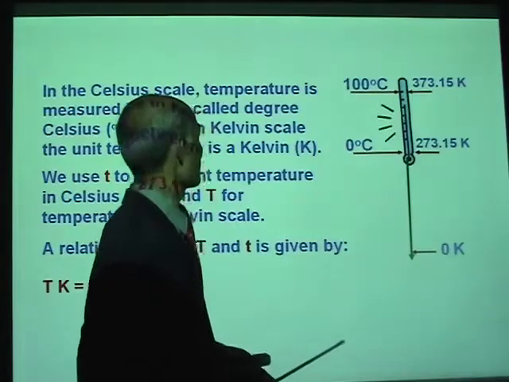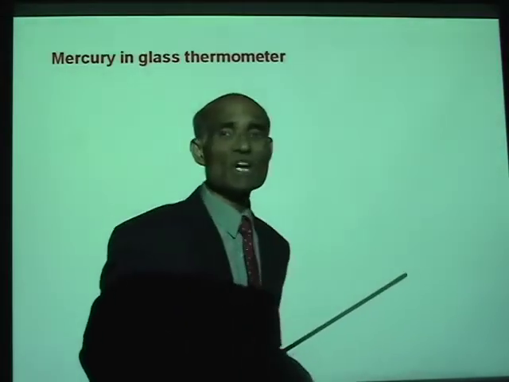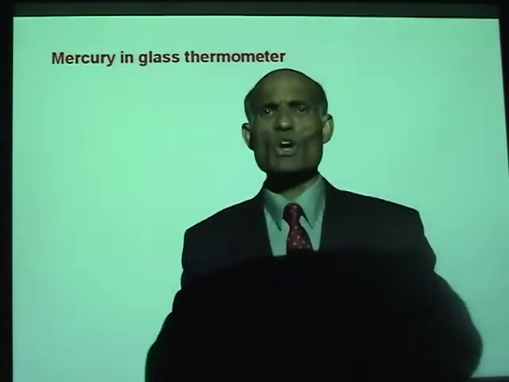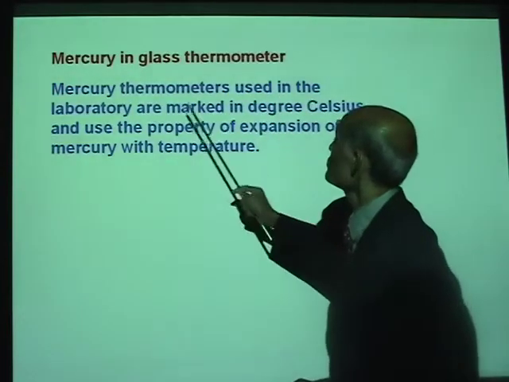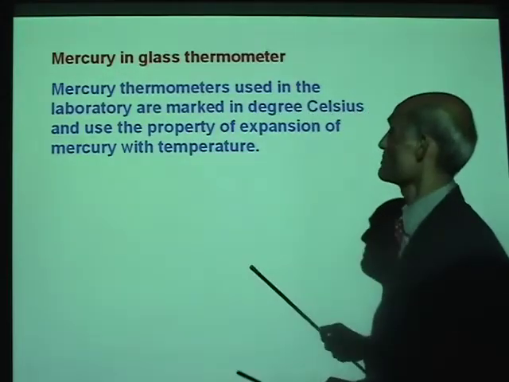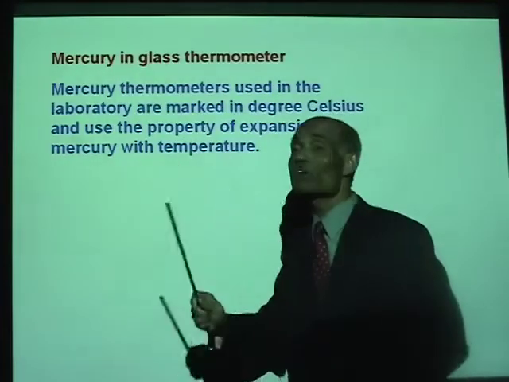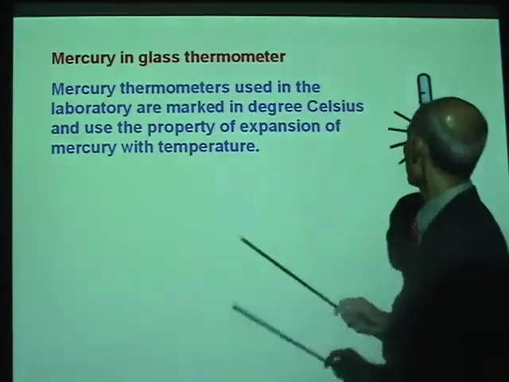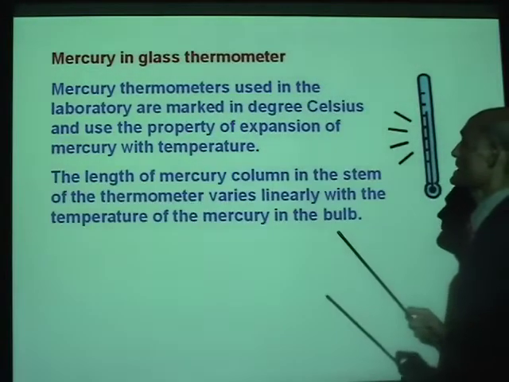Alright, let's now look at the mercury in glass thermometer. A quick look at the thermometer. A mercury thermometer is used in the laboratory, is marked in degrees Celsius, and uses the property of expansion of mercury with temperature. We talked about that. Here is a mercury in glass thermometer.